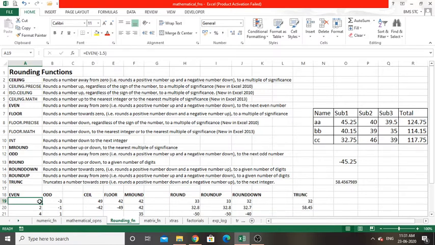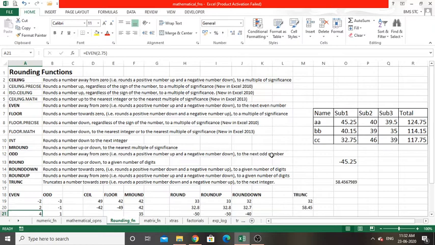Which is negative 2, right? So it resulted negative 2. Next is equals even of 1.5. The number is the same 1.5, but the sign is different. In the first example it was negative and in the second example it is positive. Since the number is a positive number, it will round it up positively to the next even number. So it is positive 2.